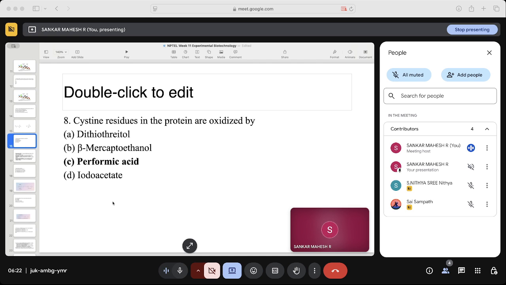So usually what we do is when we purify proteins, we add one of these two, beta mercaptoethanol or dithiothreitol. We have another thing called TCEP. So all these three are reducing agents that ensure that as you purify your protein, two proteins with exposed cysteine do not come close together and form a disulfide bond.